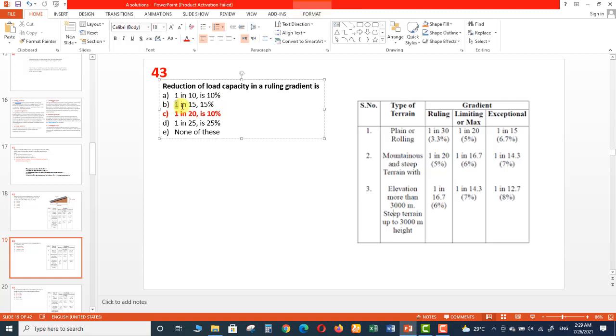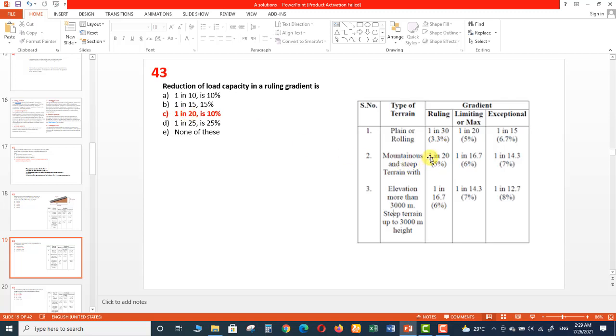And then second option, 1 in 15, there is no 1 in 15 gradient for rolling, and there is no 1 in 25 rolling gradient in the table. So already these three options are not correct. So option C is the option which is correct, 1 in 20.